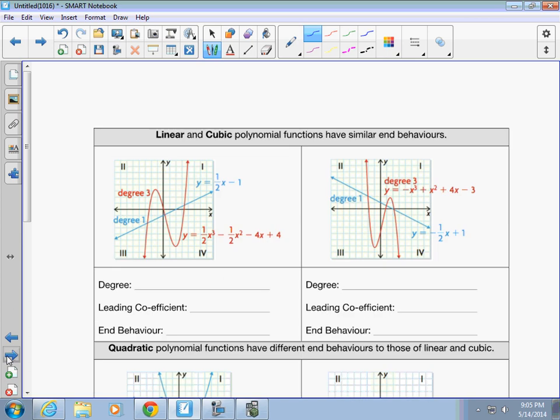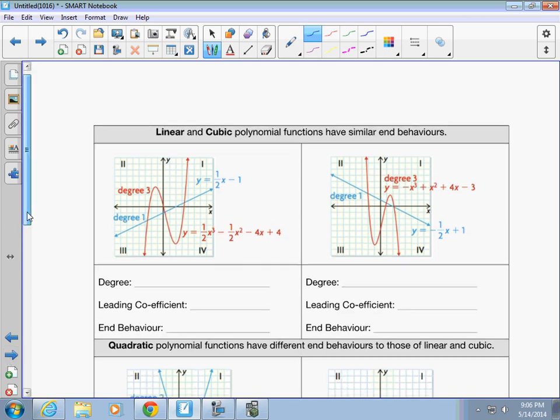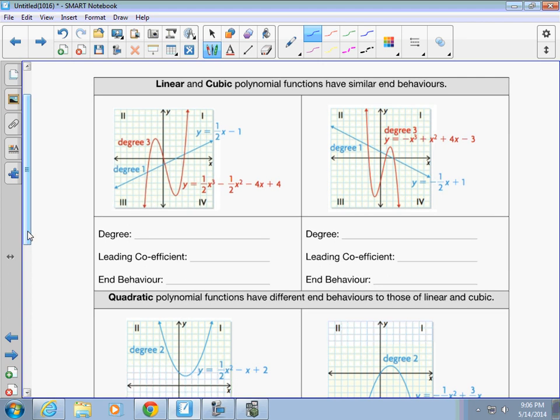So this just is kind of a recap of what was there. So linear and cubic polynomial functions have similar end behaviors. So for our degree, if we look at this one, our degree is odd, so 1 or 3. Our leading coefficient is positive.